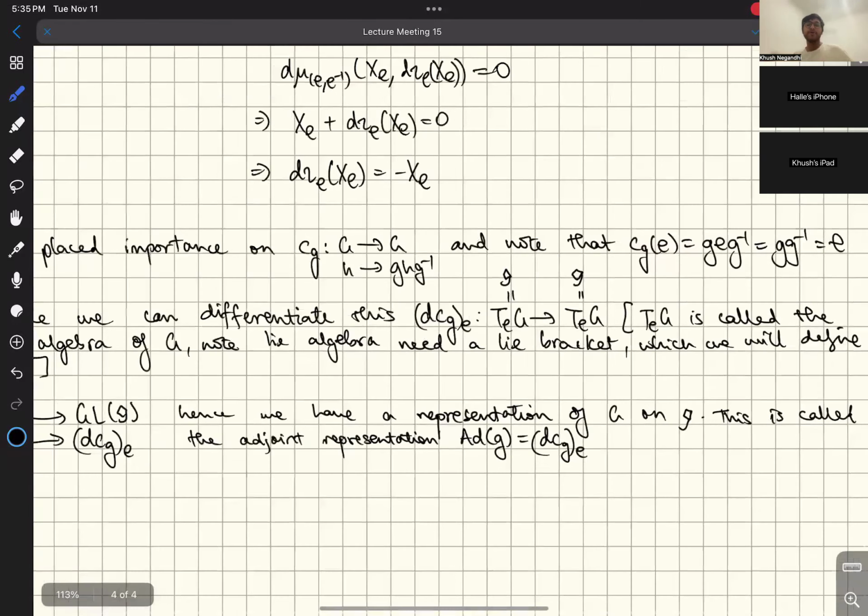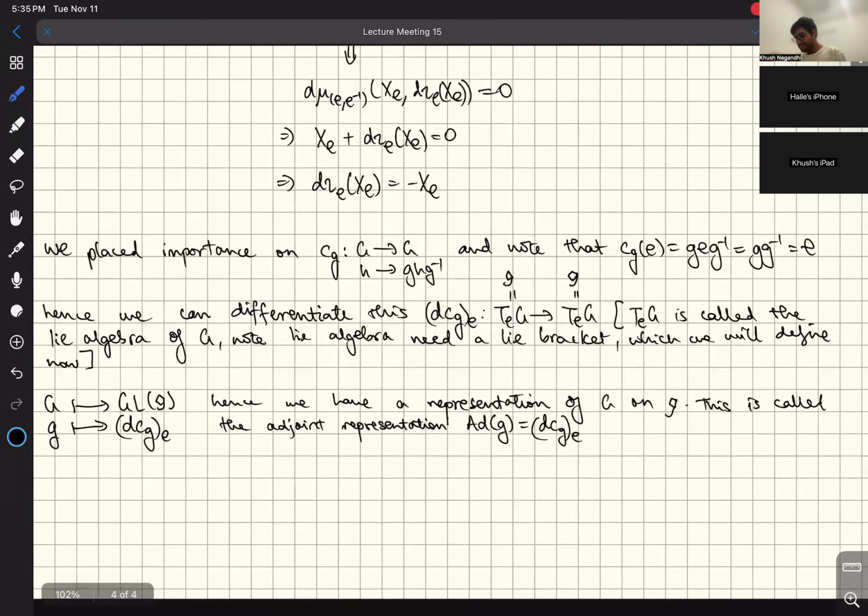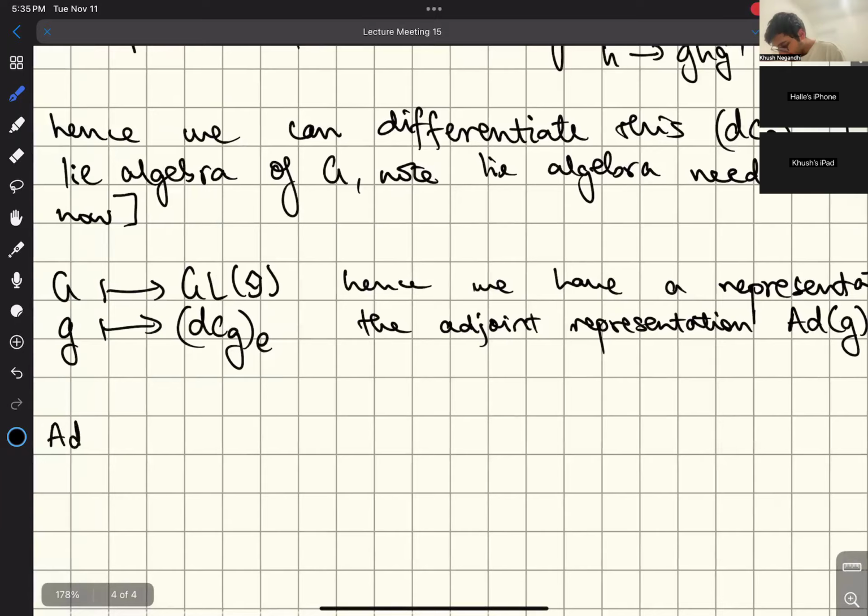But why stop here? Let's take the differential of this map. But before that, let's look at the adjoint representation at the identity. I sort of jumped the gun here.